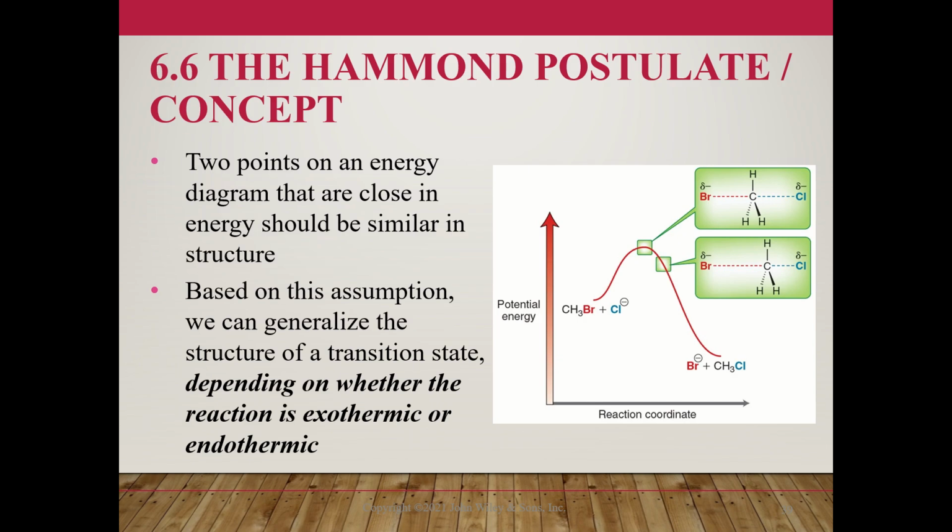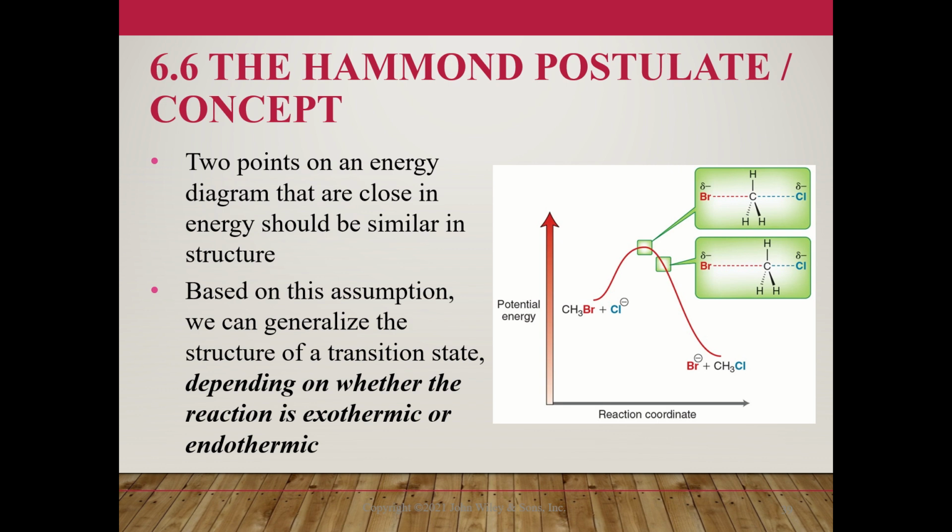So going back to this, in this case, we see our transition state where our chlorine and bromine, they are relatively close together. The bromine is still relatively close to the carbon, similar to how it is in the reactant state.